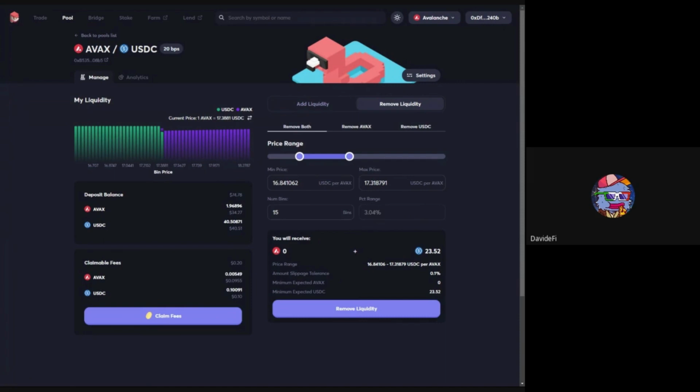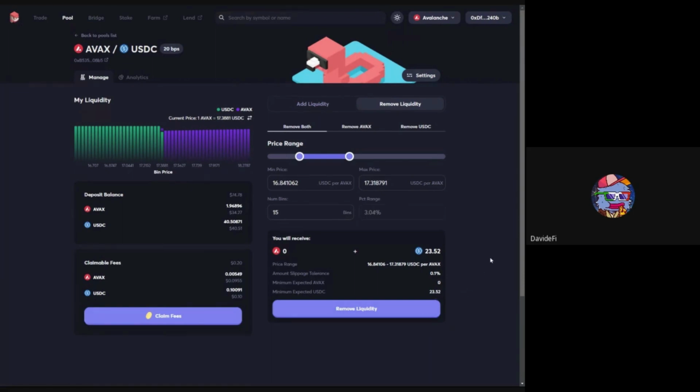So we cannot get more than what the final value will be. In this case, the deposit balance with Blue is like $74. I'm making up a random number, but it will probably end up at $77, $80 when AVAX is at 18.2, and that's it. You cannot earn more when you're all in USDC. When you withdraw, you will only withdraw that amount.